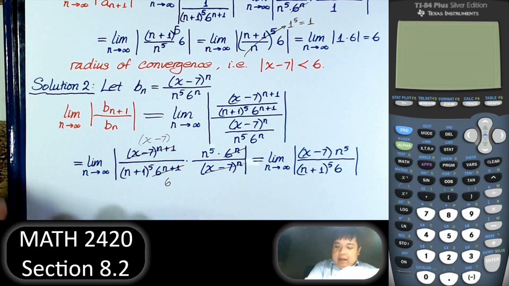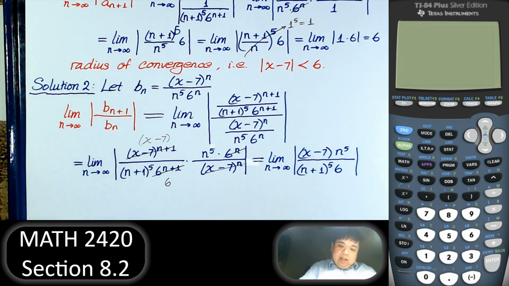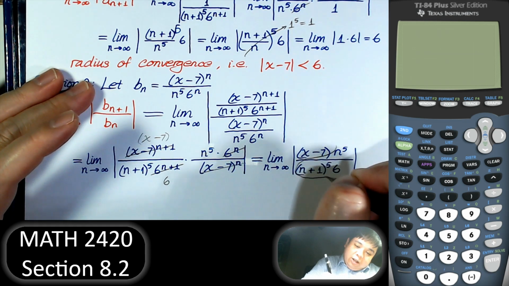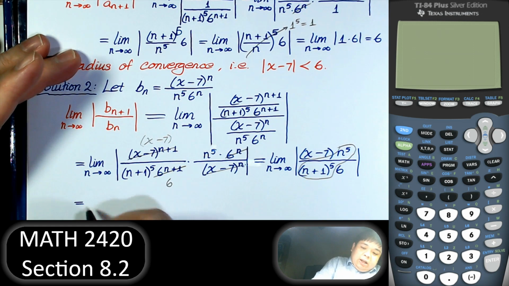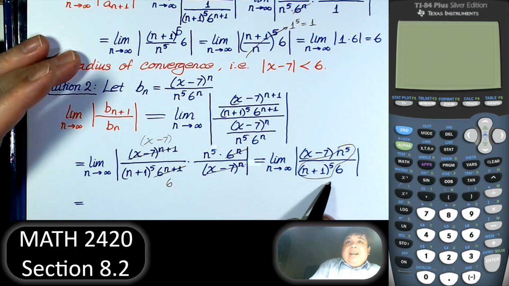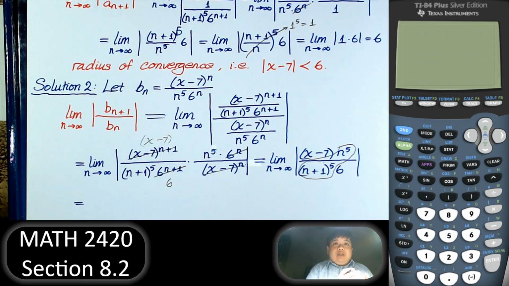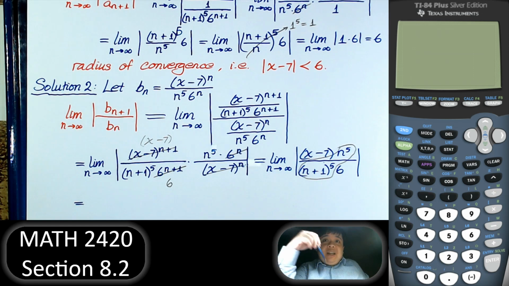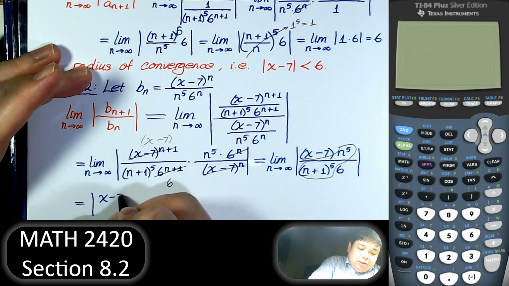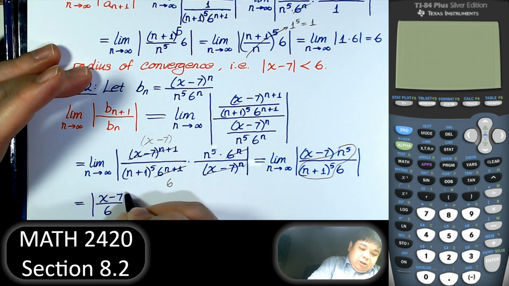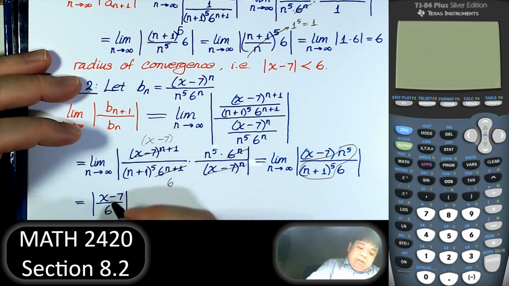Right, now, just like what we did earlier, we will group these two together. And the x minus 7 and the 6, we can take outside the limit because that doesn't have n in it, right? But when we take it outside the limit, because it is under absolute values, it will still be inside the absolute values, to guarantee it's still positive.